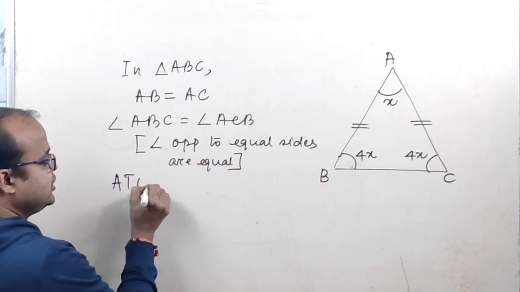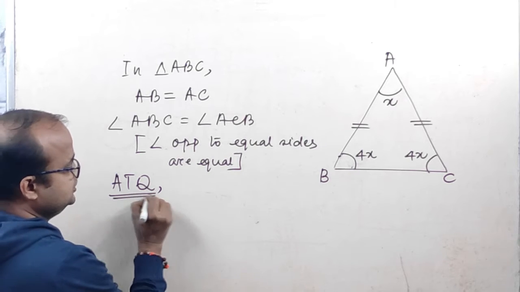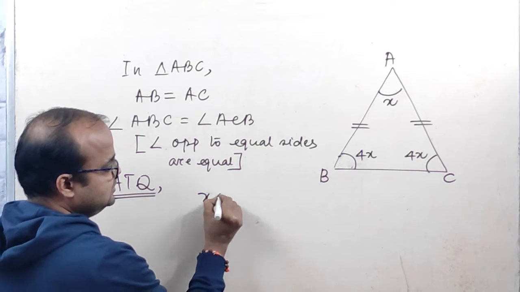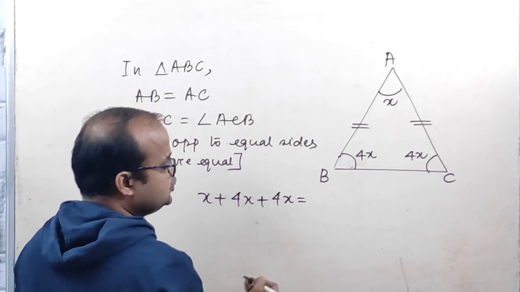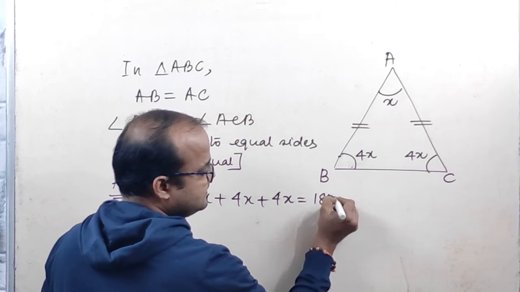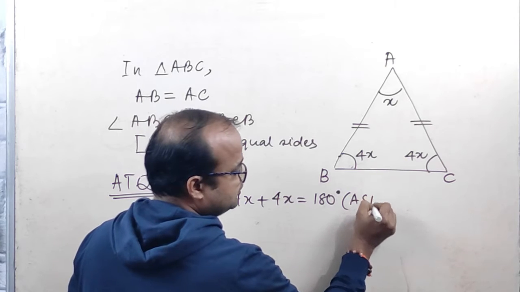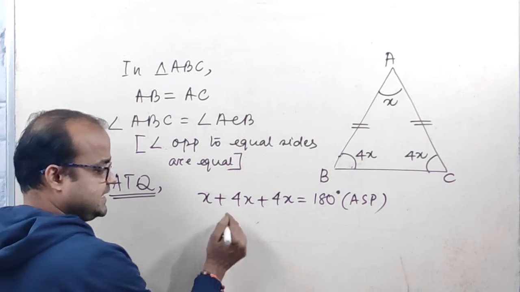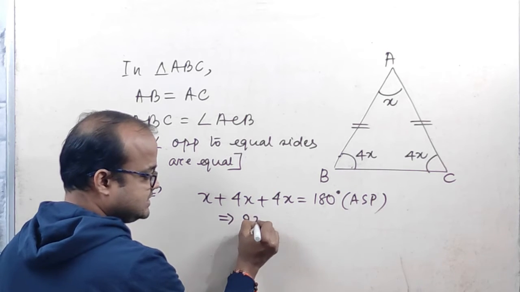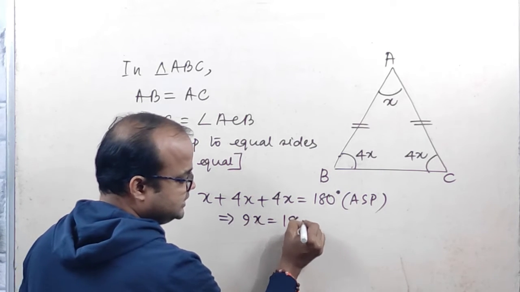So we write according to question, ATQ, X plus 4X plus 4X equals to 180 degree. Angle sum property. So 4X plus 4X, 8X plus X, it implies 9X equals to 180 degree.